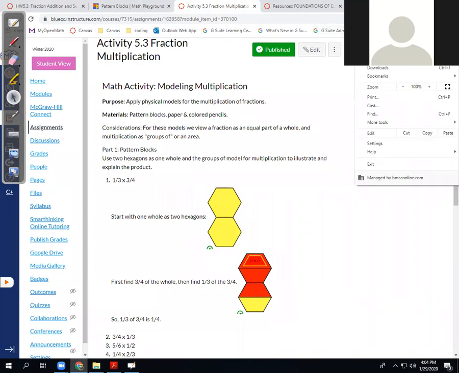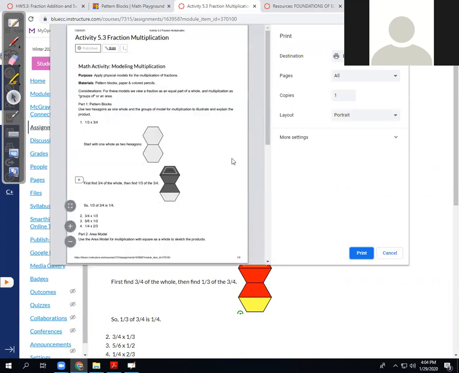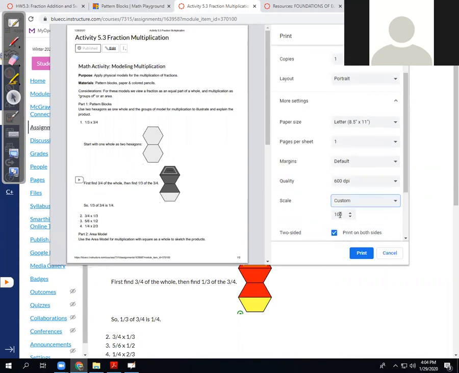Let's hit the print button here. See how it looks. Scale it up a touch.